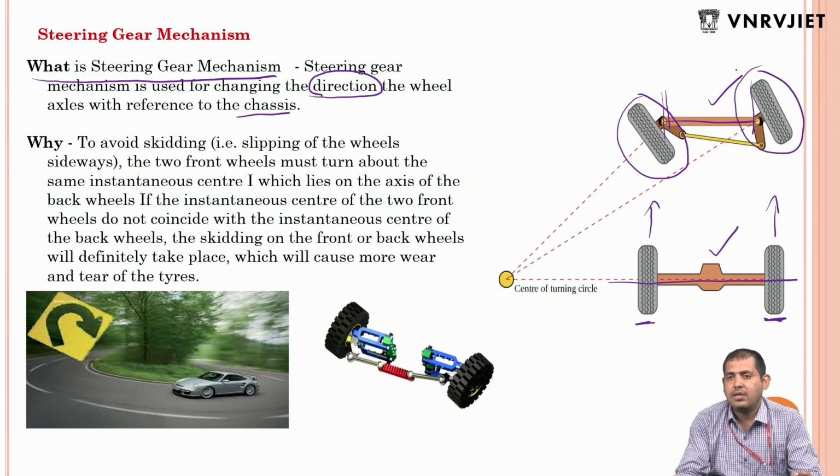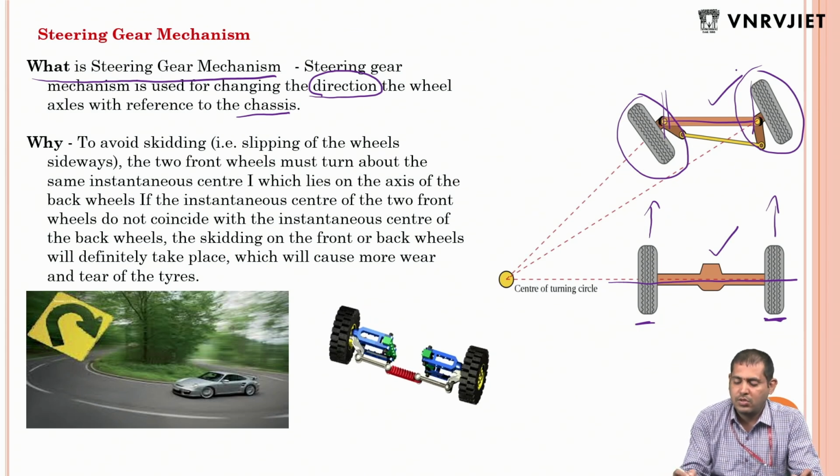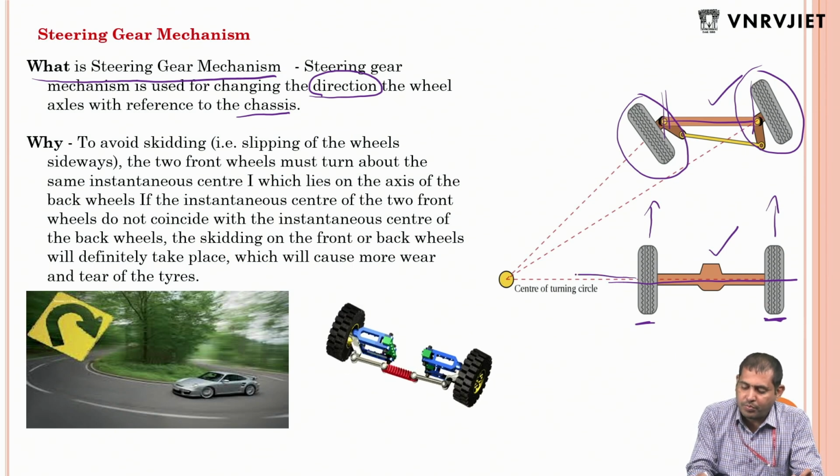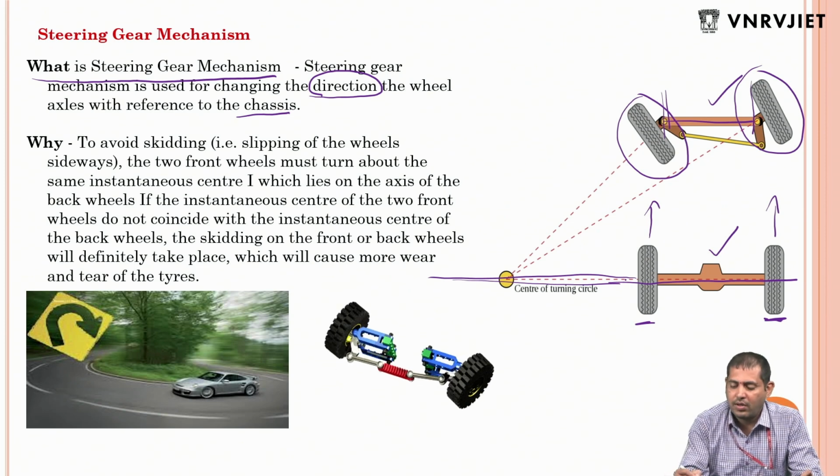That is called a steering gear mechanism. Now, why with reference to chassis? The chassis is always fixed, which is going to produce some axis on this side. On the front wheel, we are going to change this wheel with the help of some inclination by having some mechanism.